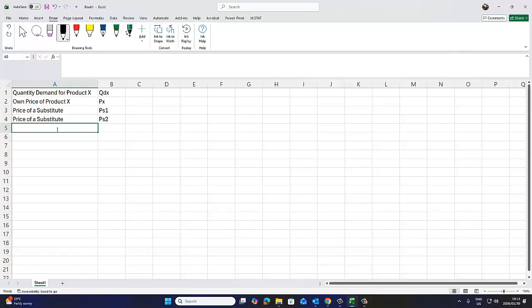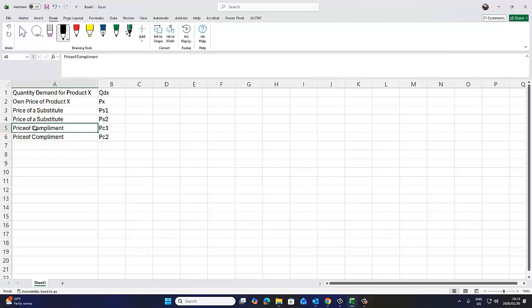And then obviously it's the price of complements, the price of a complement. There could also be 2 of them: price of complement 1, price of complement 2. Where a substitute is a replacement, a complement goes with it.